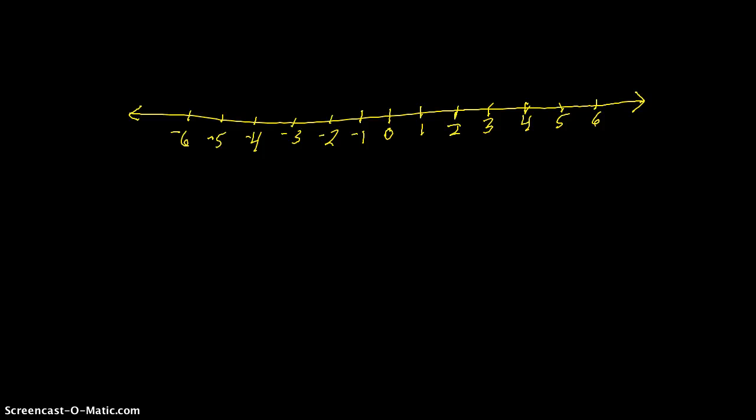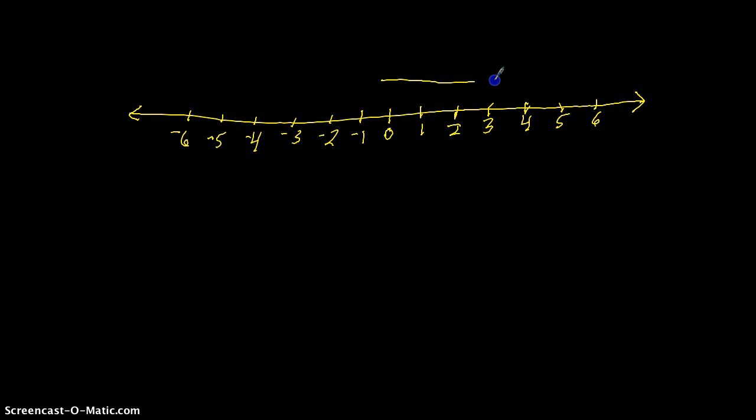The purpose of this video is simply to review inequalities with my students. One of the things you have to keep in mind when working with inequalities is how far away your number is from zero. If your number is very far away from zero, heading towards the right, then the value increases.